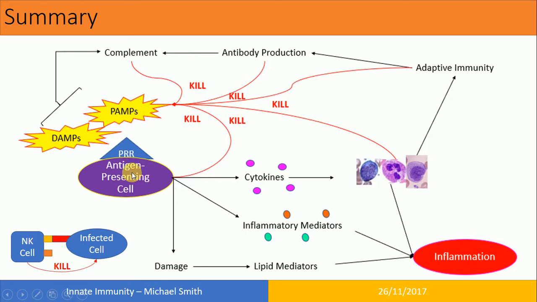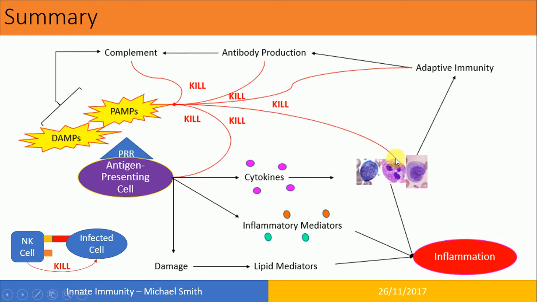Now, this cell is able to both break down the cell itself, and it releases our acute phase proteins. So we've got our cytokines and inflammatory mediators. And these go on to cause inflammation, and that's why you see inflammation in an infection.